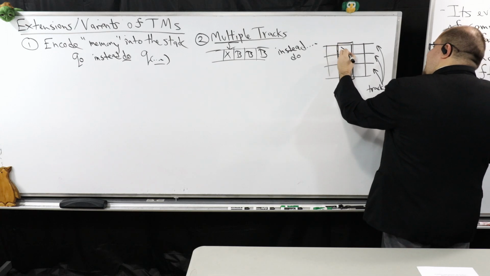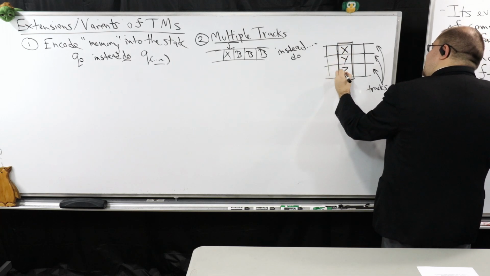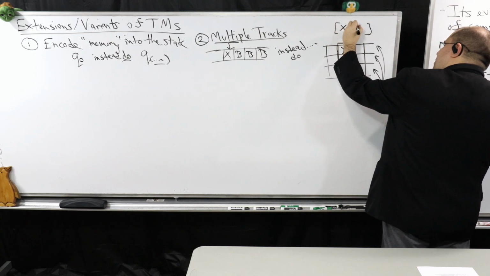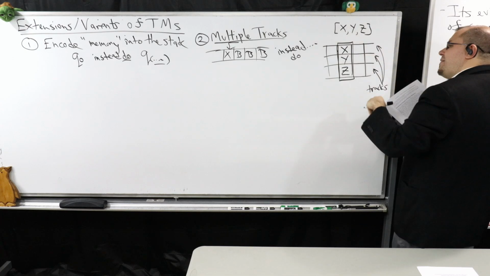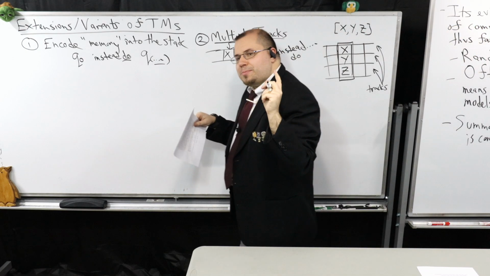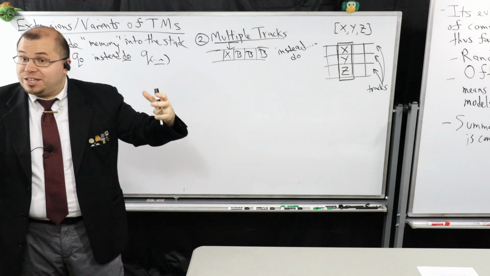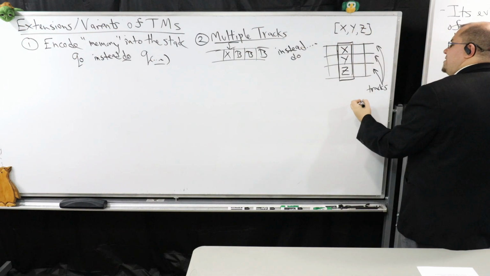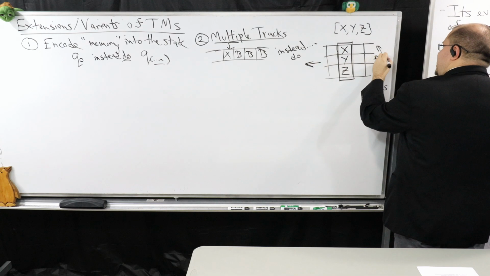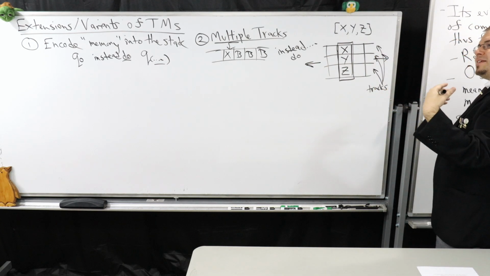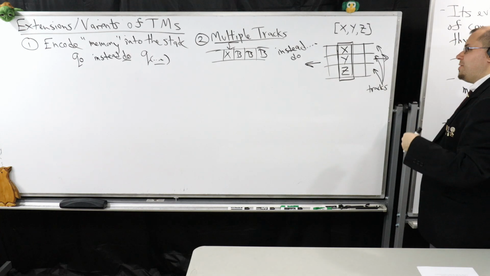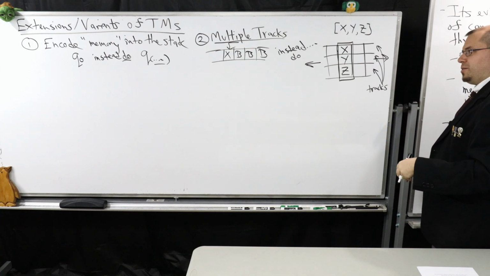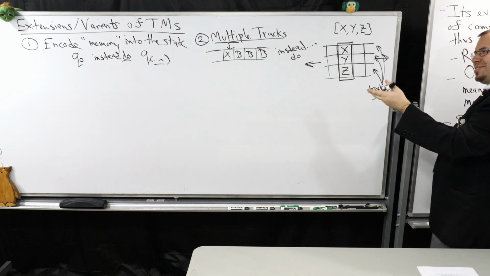So for example, this would be represented by X, Y, Z. Instead of my tape symbol representing just one symbol, I represent it as a tuple. This is one thing you can always do to the Turing machine, and sometimes it does provide some usefulness in how we can encode the Turing machine. I'm going to show you an example later, depending on how much time we have. So does everybody get the general idea of these two?